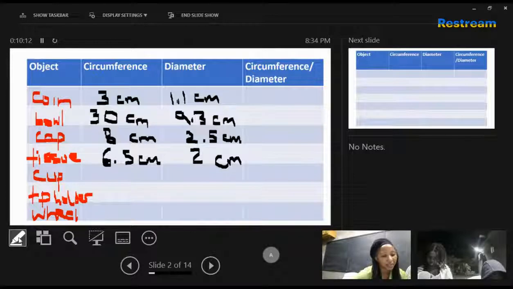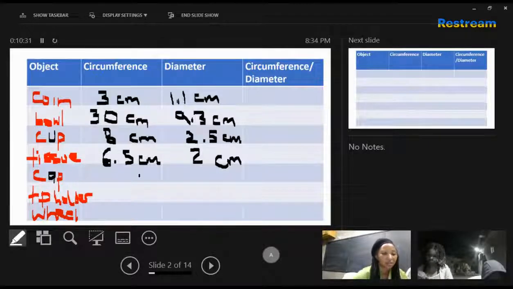So this should be cup, and this should be cap, right? Yes, miss. All right, so for the cap, what is it then?